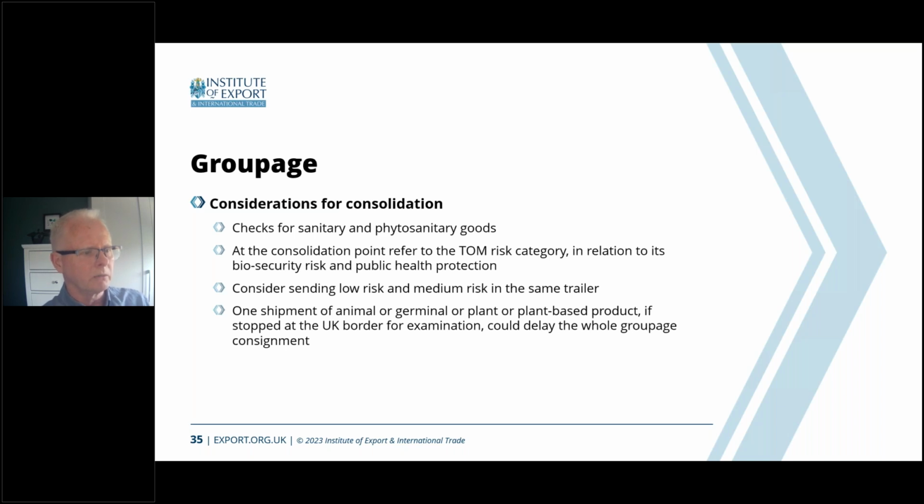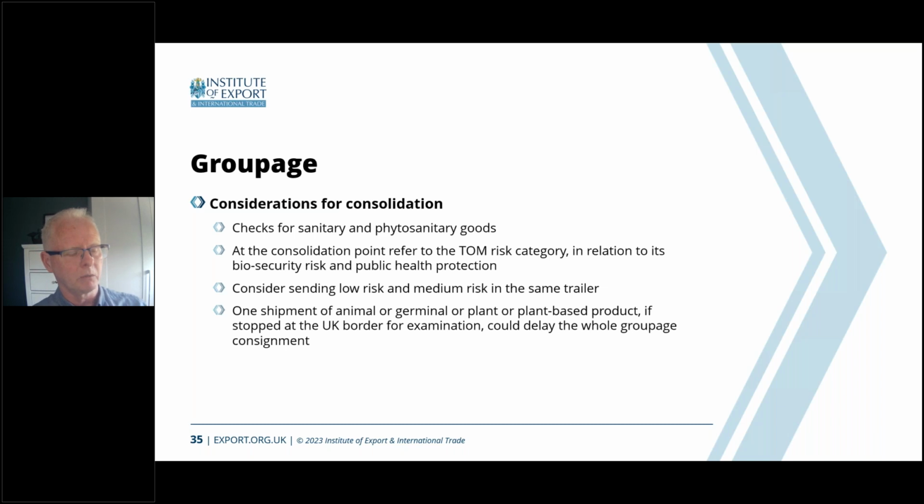So at the consolidation point, we really do have to consider this category, and as already mentioned, the biosecurity risk and public health protection is very important. And we move a lot of goods into the UK, particularly from Europe, on groupage trailers.